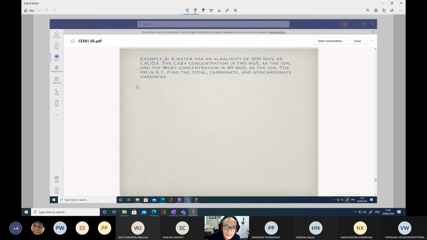Okay, so alkalinity is equal to 200 milligrams per liter. This one is already expressed as calcium carbonate. But then, talking about calcium, it is 160 milligrams per liter.